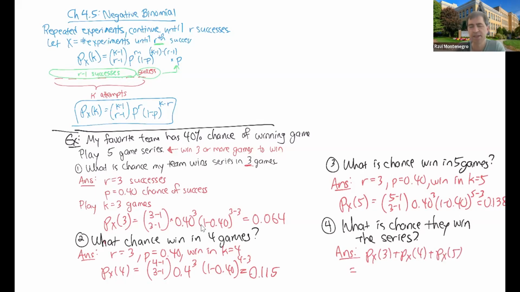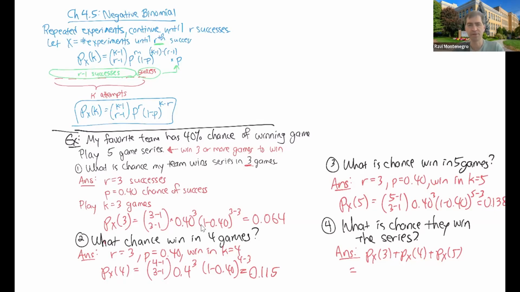Notice that you actually can calculate this for 6, 7, 8, and so on. What that would mean, let's say we took P of X equals 8, it would mean that he had to play 8 games before they would finally win a 3rd. So you don't have an 8-game series, but you can still calculate what is the chance it would have taken that long?